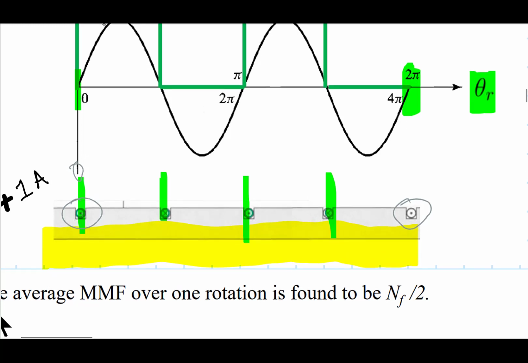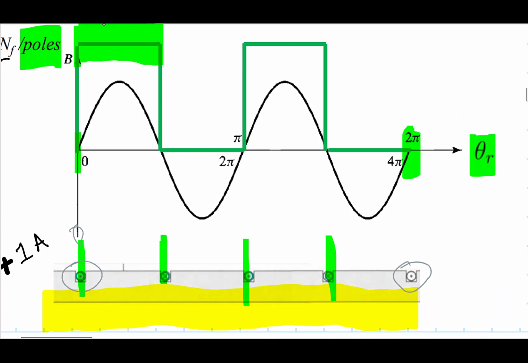And so we say, okay, at this point, because it's going in the opposite direction, the total MMF has gone down to 0 again. Then we're going to proceed along here, and we're going to hit another coil in this slot. And since it's coming out, it's going to make it go back up to a positive value.